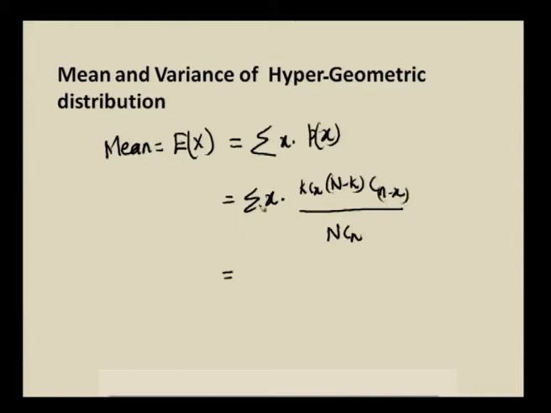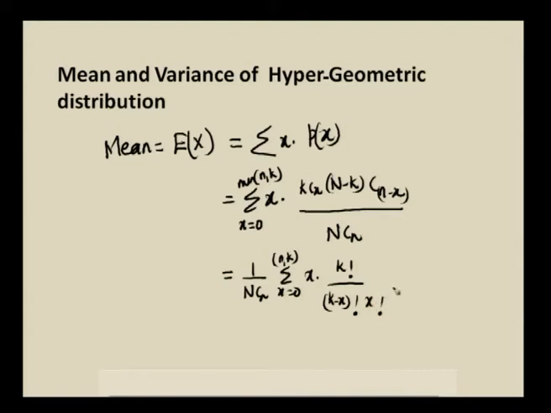Whatever is not required inside the summation, we take outside, that is 1 by N C n. Then we have summation x equal to 0 to minimum of n comma k, x into k factorial by k minus x factorial into x factorial, into N minus k C n minus x.